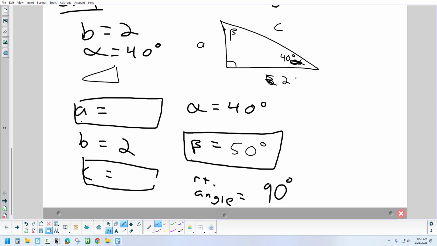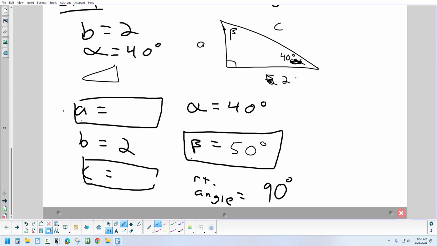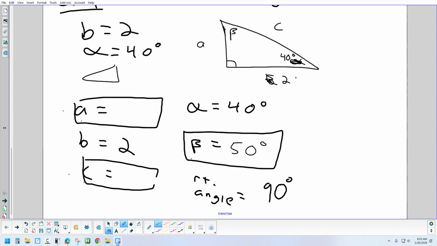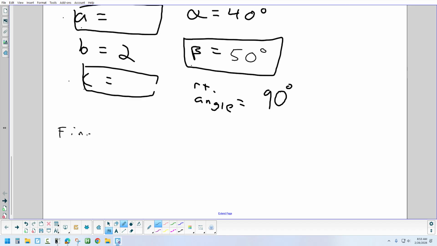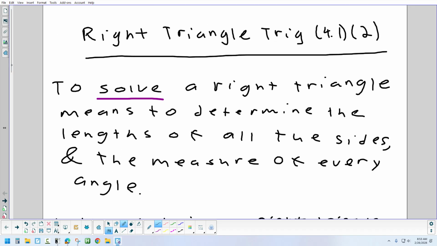All right. So now we have to find A and we have to find C. Doesn't matter which one we do first, but we do need to pick one. So which one? A. All right. We're going to find A. Okay. So to find A, I'll put some notes in this problem.